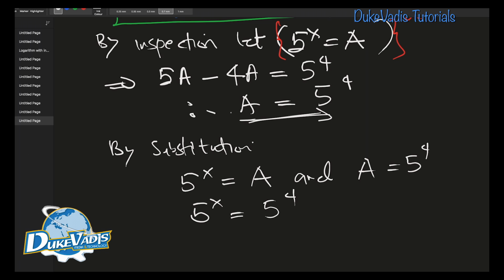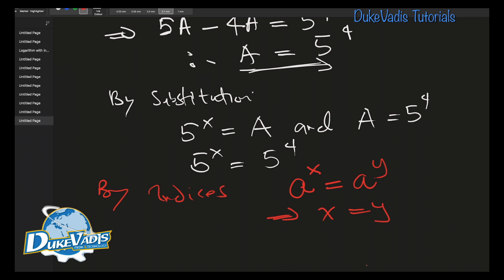Please remember that by indices, one of the properties of indices says that if we have a raised to the power x equals a raised to the power y, then this implies that x is equal to y. And that is the scenario.